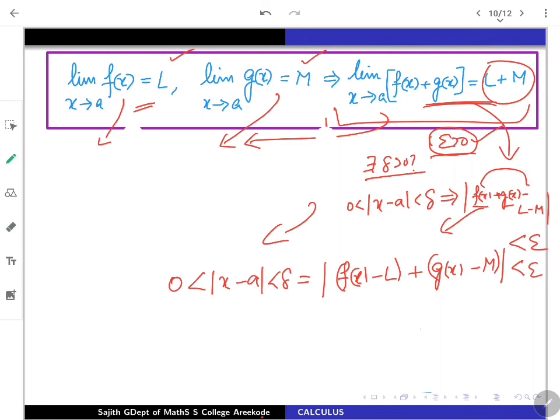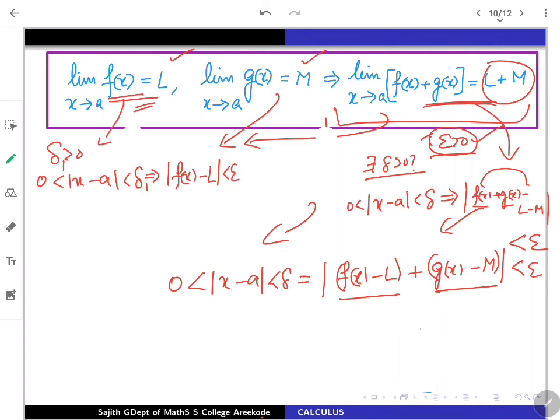But why am I writing like this? See, if I take the modulus of these two quantities, they are under control because two conditions are given. Given any epsilon, I can look at the first limit, f(x) going to L. That condition enables me, even with this epsilon, to find a delta, say delta 1, some positive number, such that whenever 0 < |x − a| < δ1, this guarantees that |f(x) − L| < ε.